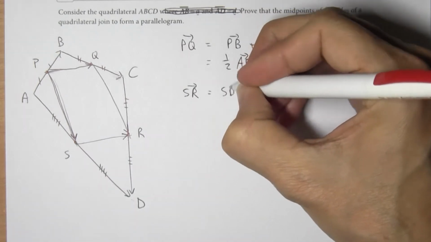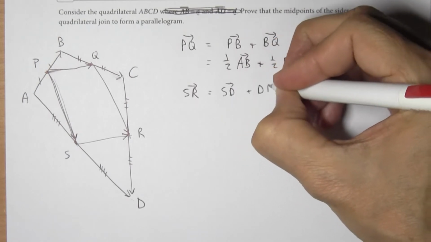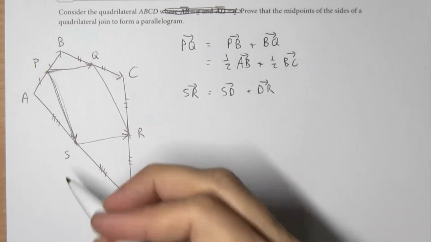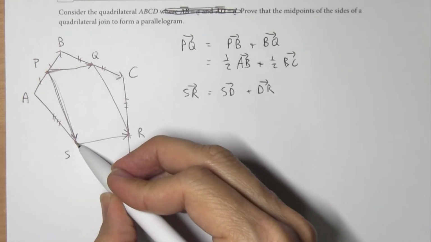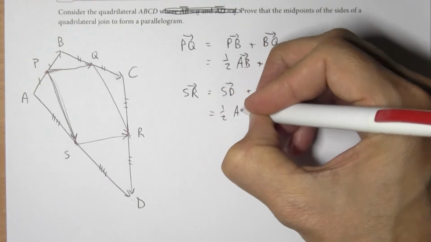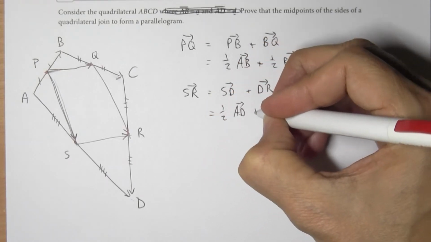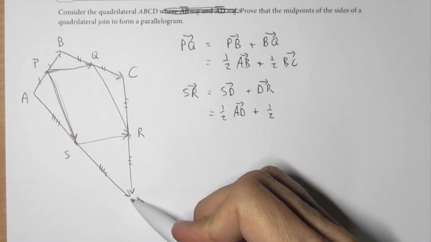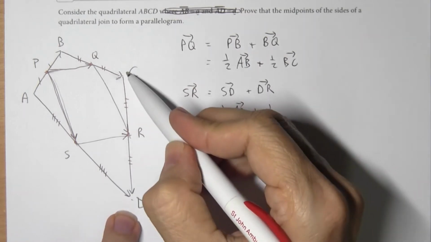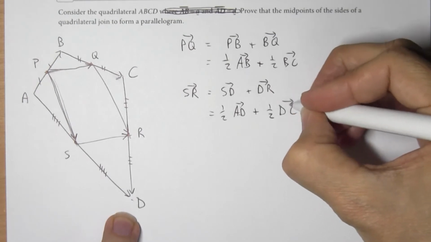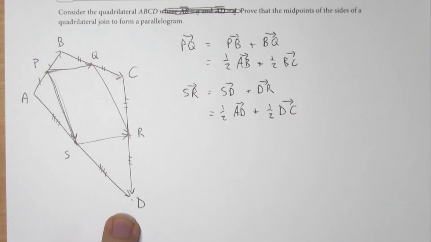It's S to D plus D to R. But S is the midpoint of AD, so that's half of A to D plus, now this one, R is the midpoint of CD. It's half of D to C because I'm going back this direction. And we'll turn it around in a minute, okay?